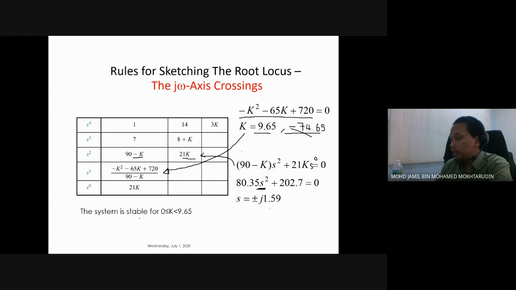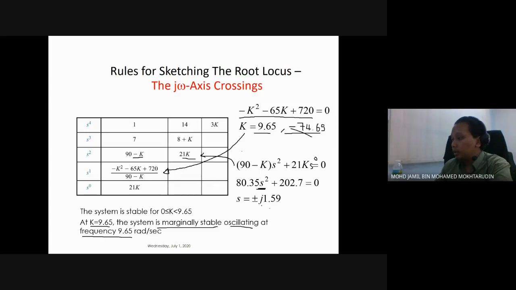So the system is stable from 0 until k equals 9.65. And at k equals 9.65, the system is marginally stable and oscillating at a frequency of 9.65 radian per second.